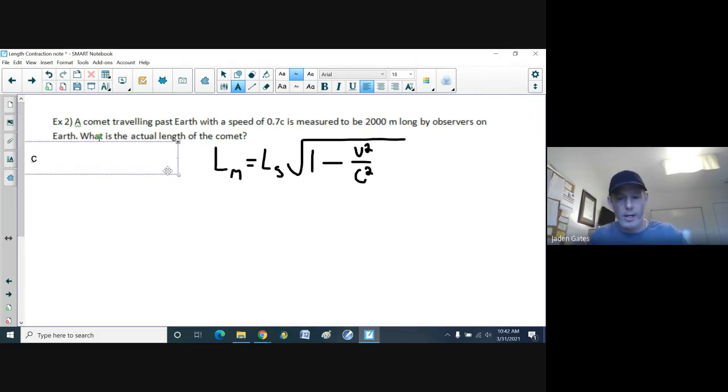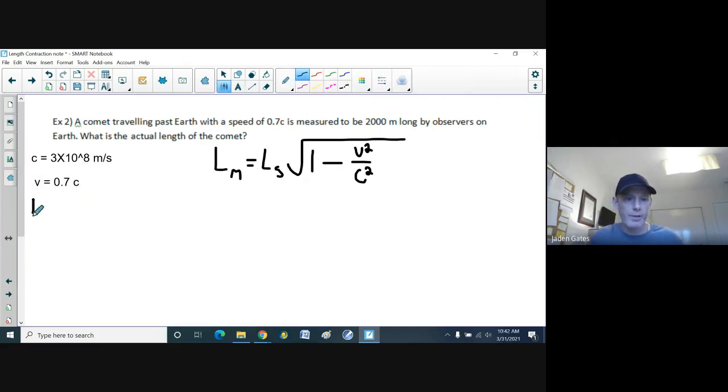That's going to be 3 times 10 to the power of 8 meters per second, standard units. All right, now our comet, I should say, is traveling at 70%, or what we say is 0.7 c. Now we get to two different things here. We got LM and LS.